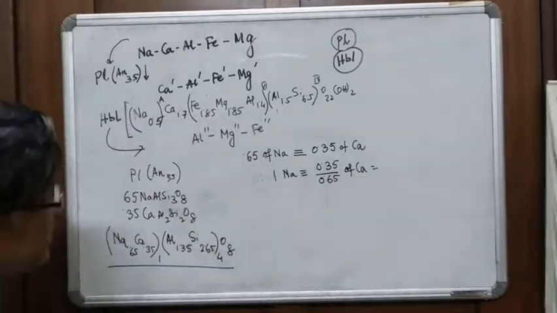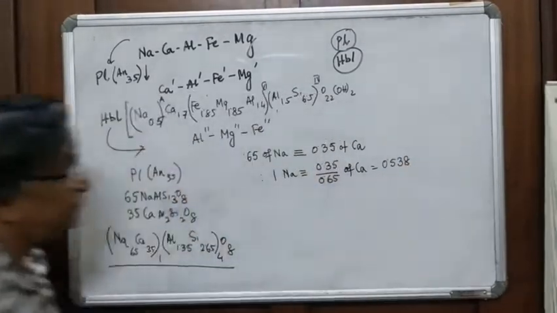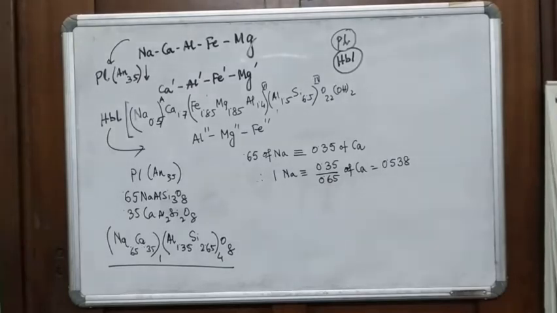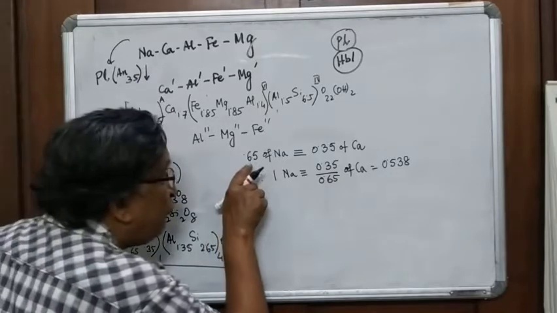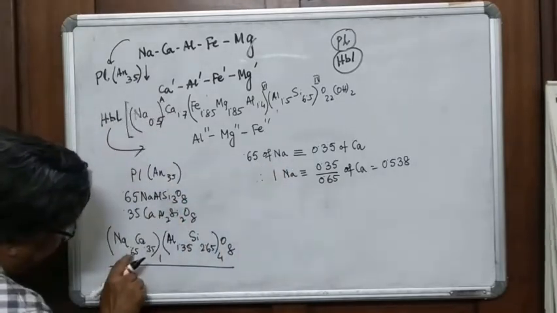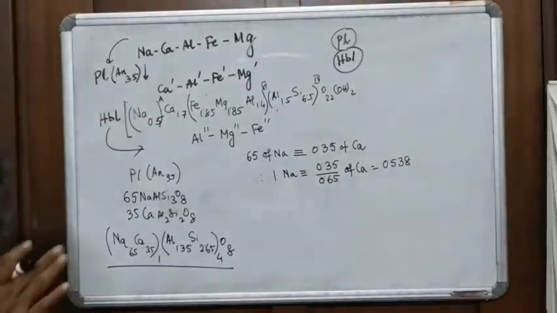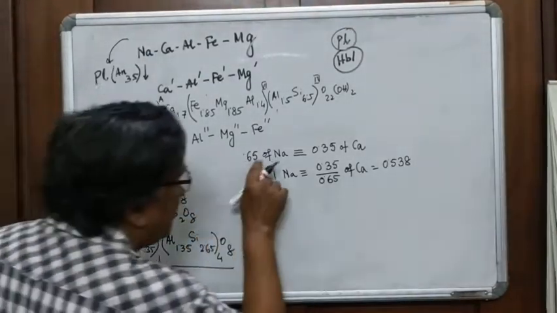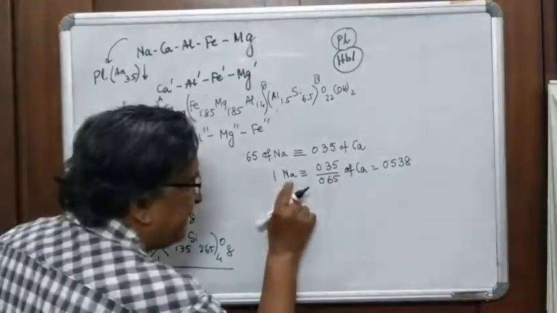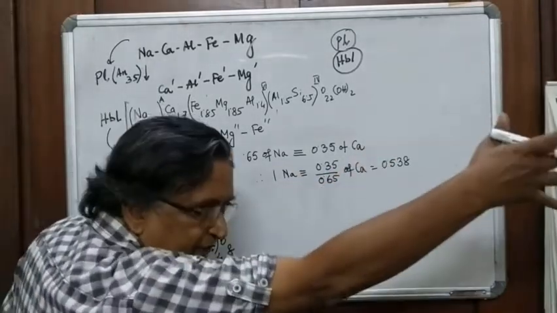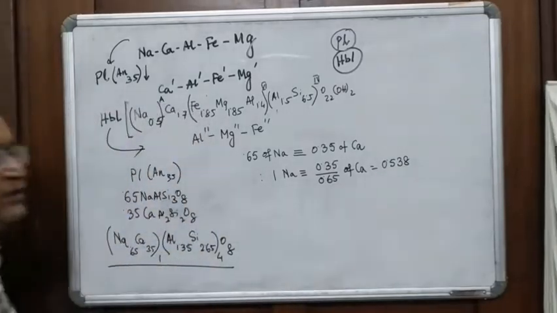This value is 0.538. Right? 0.538. See, if I have to remove sodium, for 0.65 sodium here, so much calcium needs to be removed, because that is your projection from plagioclase. So 0.65 of sodium is 0.35 of calcium. So for every sodium that you remove, it's 0.35 by 0.65, that is 0.538.